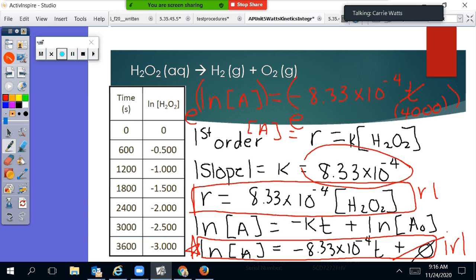And I get the concentration is 0.036. That's the concentration after 4,000 seconds.